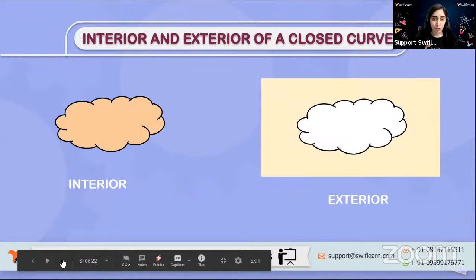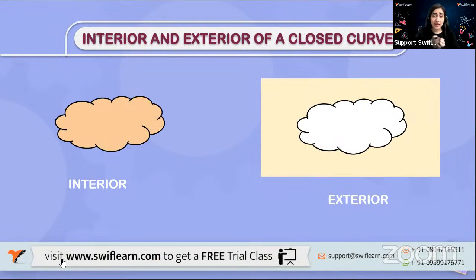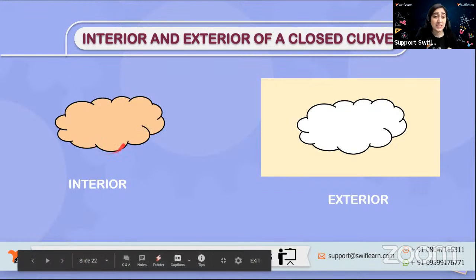Let's do another topic, that is the internal and external of curved shapes. So what is an internal one? Something which is inside, we call it internal. Something which is outside, we call it external. Pretty easy, right? So internal means everything the figure has inside it.